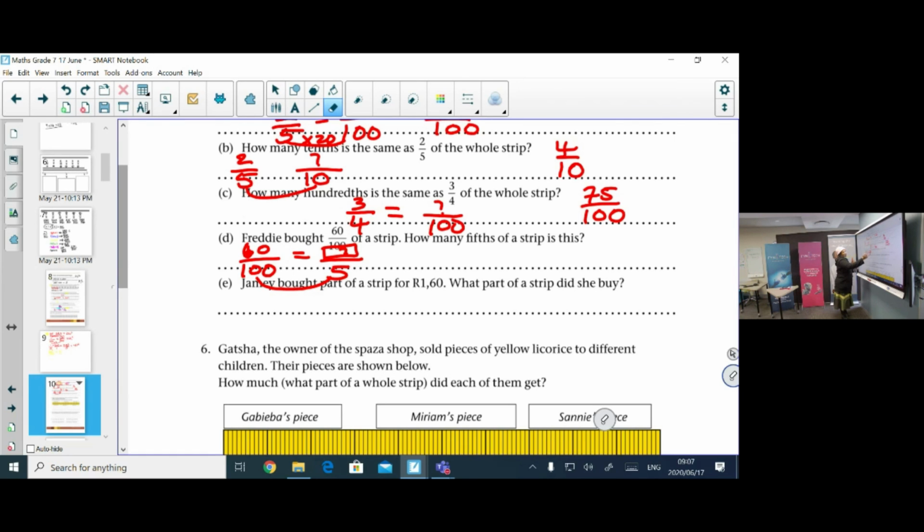Remember here, we are dividing 100 by 20, you get 5. 60 divided by 20, you get a 3. So that is 3/5. Divide by 20, divide by 20. Whatever you do below, you must also do on top.